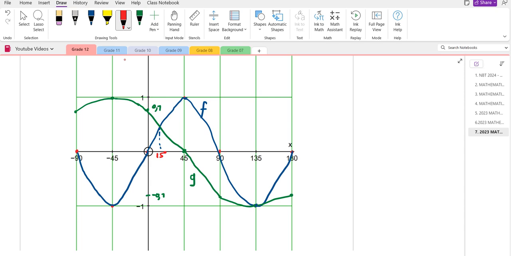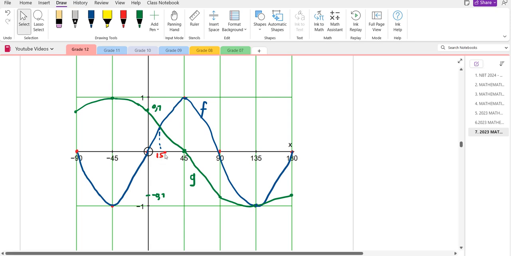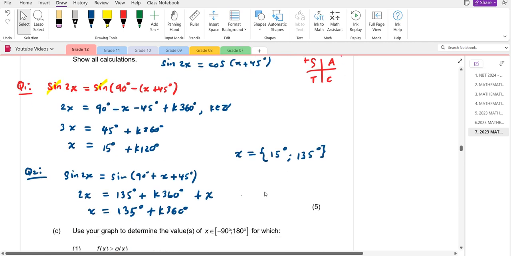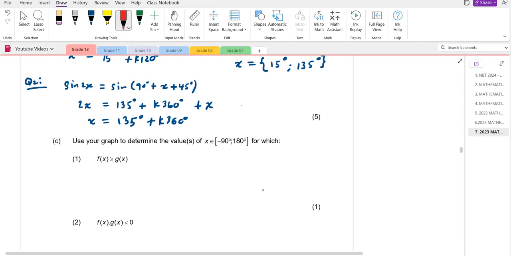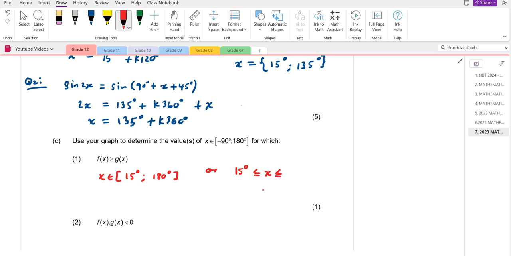So we can say from 15 to 180 including, because they want including as well. So from 15 degrees all the way it is above, right? So from 15 degrees to 180 degrees, the graph of f. So x is an element from 15 degrees to 180 degrees, or you can write it like this, x is greater than or equal to 15 but less than or equal to 180 degrees. I hope you understood that.